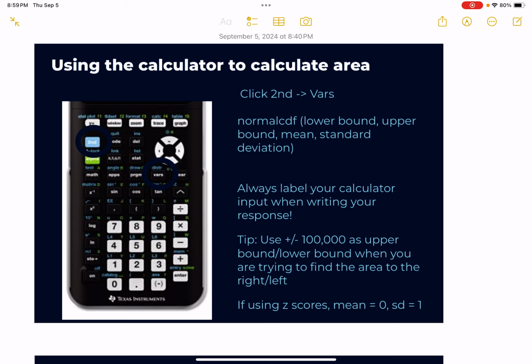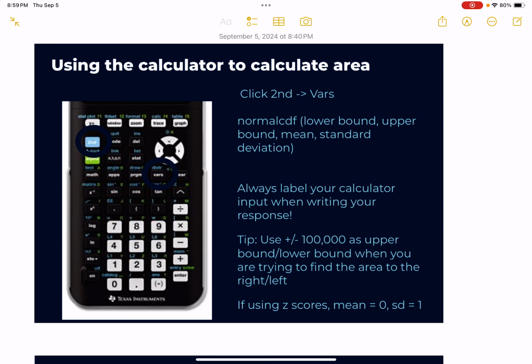And you will put in a 1 for the standard deviation, because similarly, all normal curves that we have set to the z-score standard are uniform across all different normal curves. That is, it's something that's equivalent for each normal curve, which is part of what makes z-scores so brilliant. And you'll do the same thing. You click paste and you click enter and you get your values.